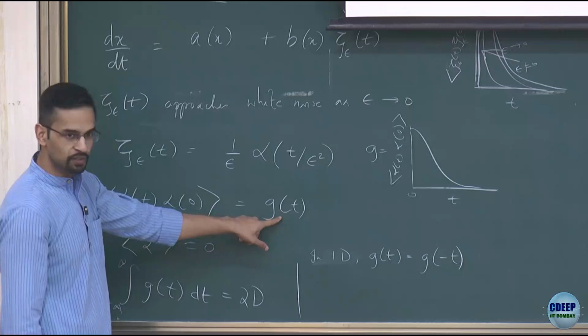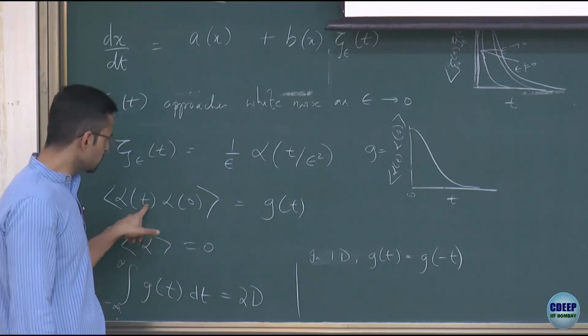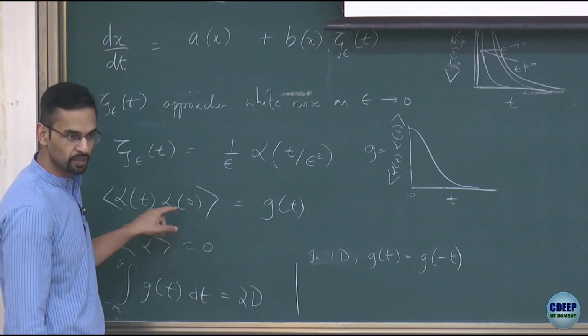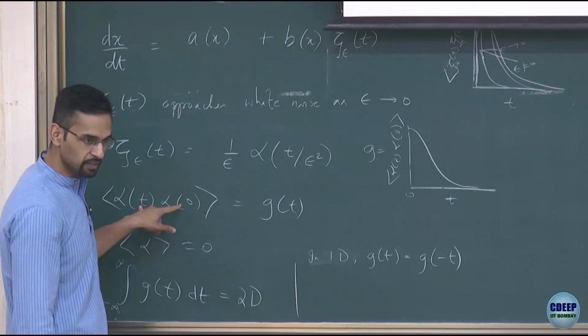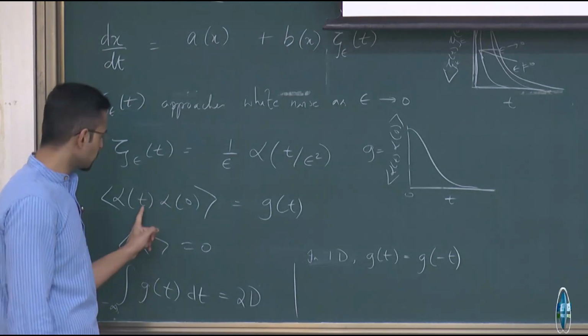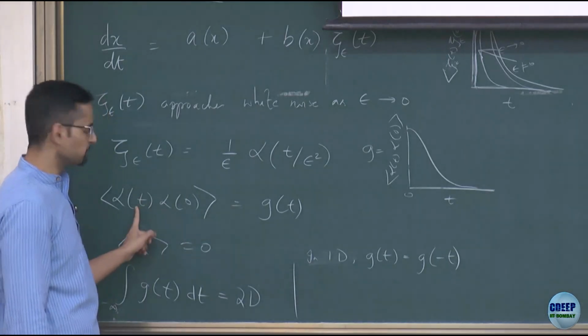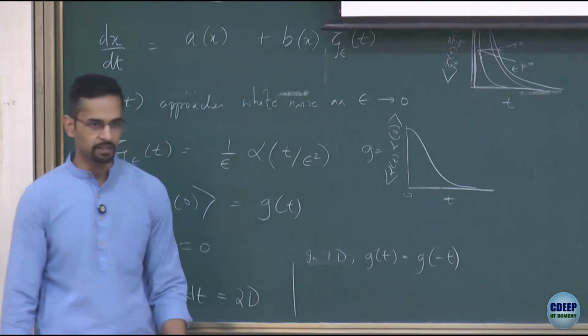So what g of t is, is identical to taking this to be 0 and this to be minus t, because all I want is there to be a time difference of t. So I can say this is 0 and minus t, and then I can of course interchange them. So clearly this is equal to saying minus t, 0, which means g of t is equal to g of minus t.